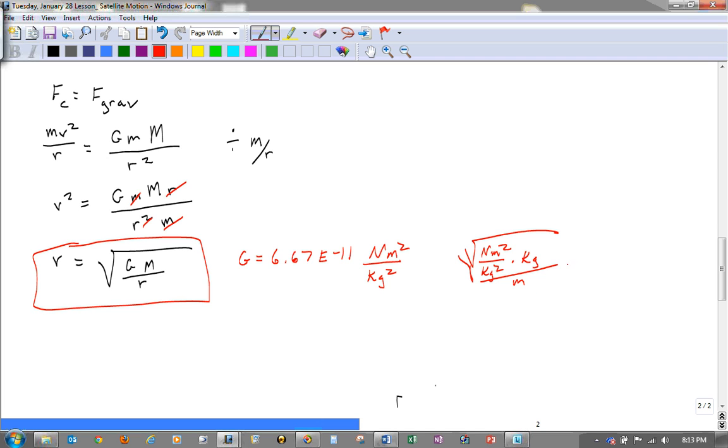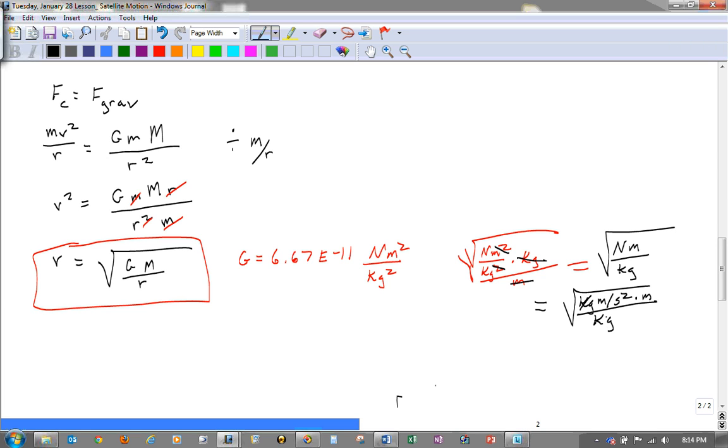When I simplify, kilogram is going to cancel out, this meter is going to cancel out, and I'm left with the square root of Newton meter over kilogram. And a Newton is a kilogram meter per second squared, and that's multiplied by meters and divided by kilograms.